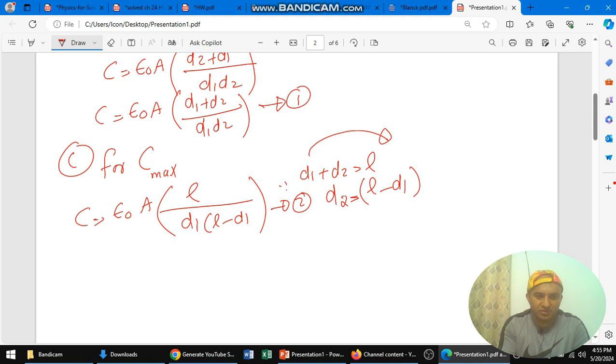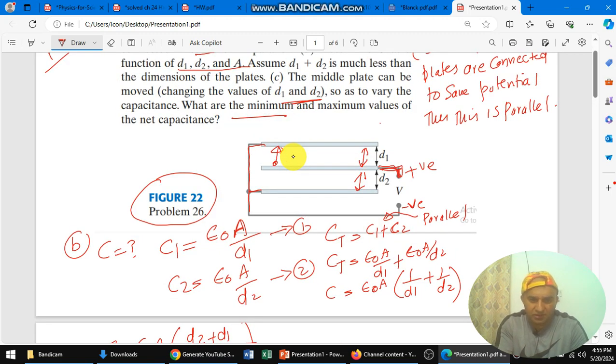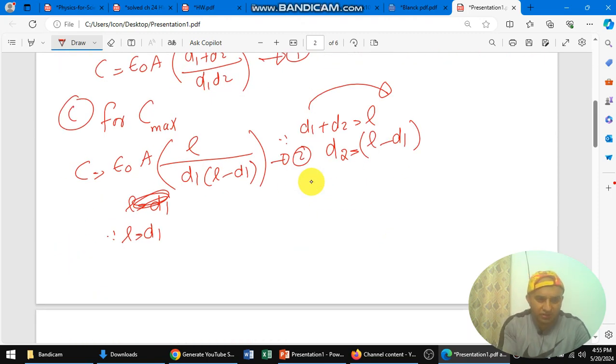Now we can find the maximum capacitance. From this formula, if L is equal to D1, meaning we move the middle plate so that D1 and L are the same, then L minus D1 becomes L minus L, which gives us 0.